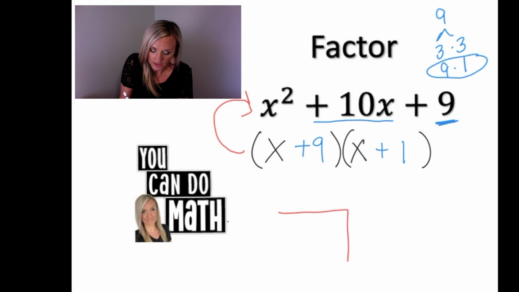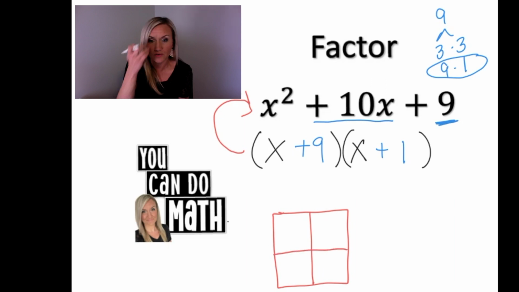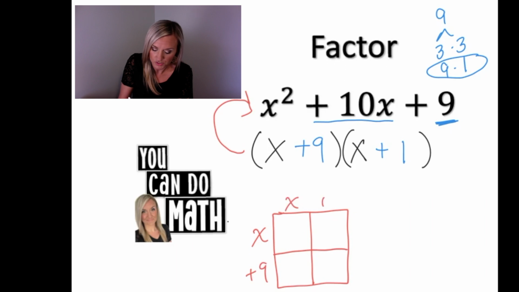I know when I taught it in class, which I miss, a lot of students loved the box method. So I'm going to place the x plus 9 on the outside and the x plus 1 on the inside, and I'm going to multiply to get the inside. I have x squared, 1 times x is x, 9 times x is 9x, and 9 times 1 is 9.